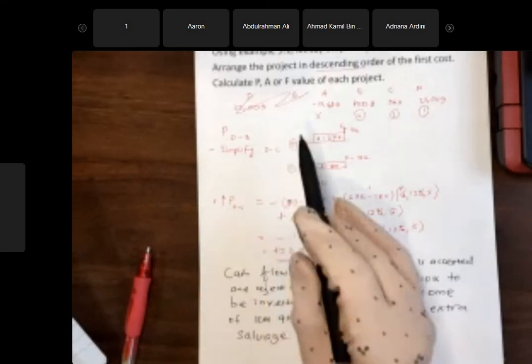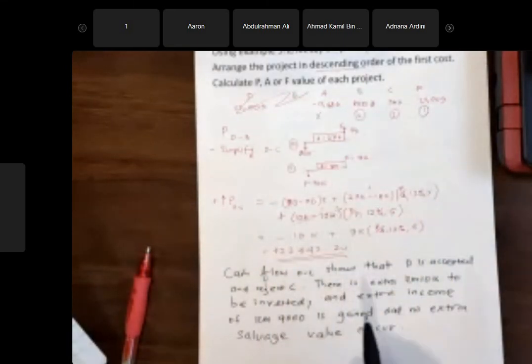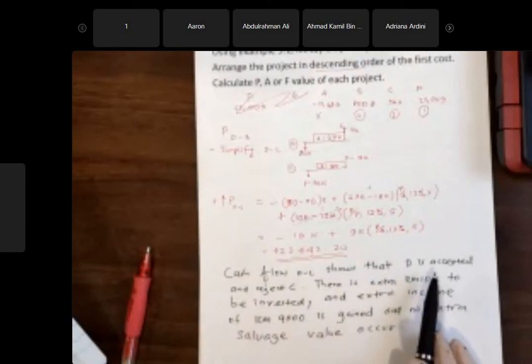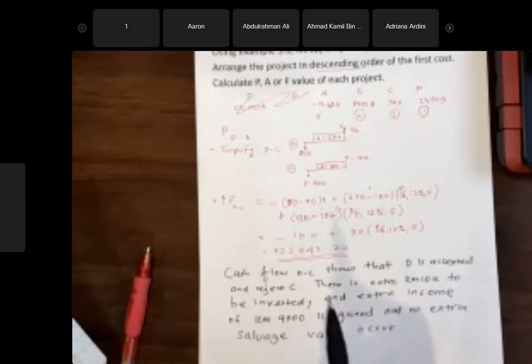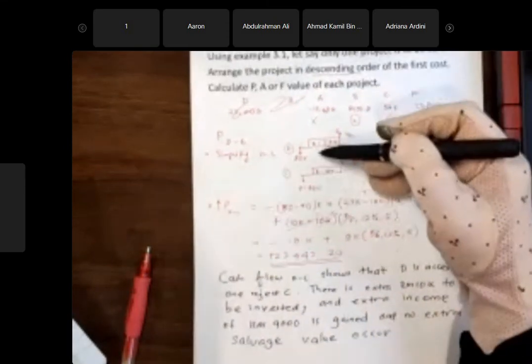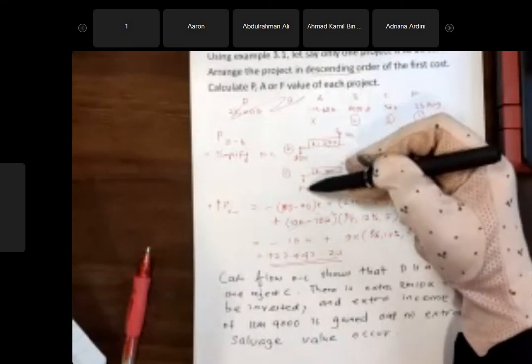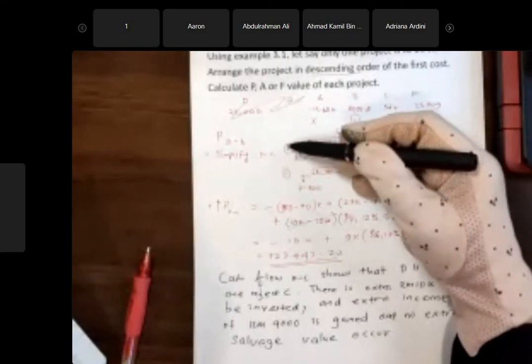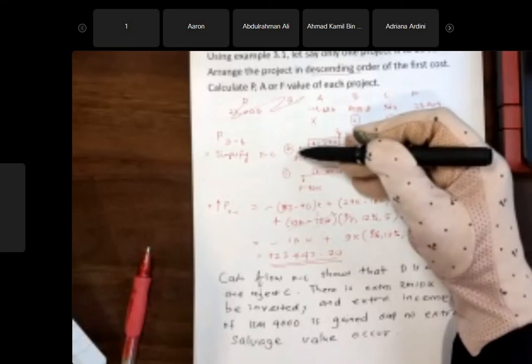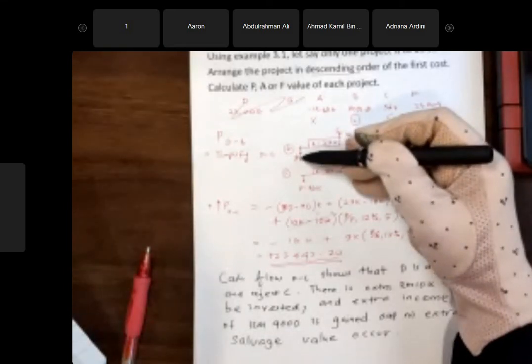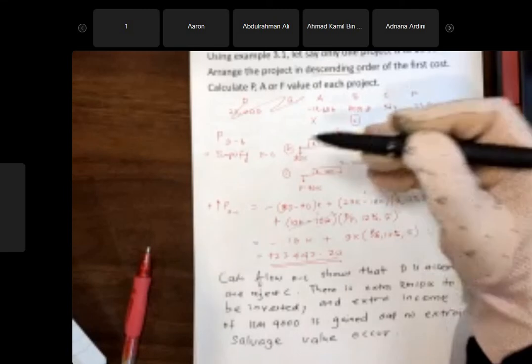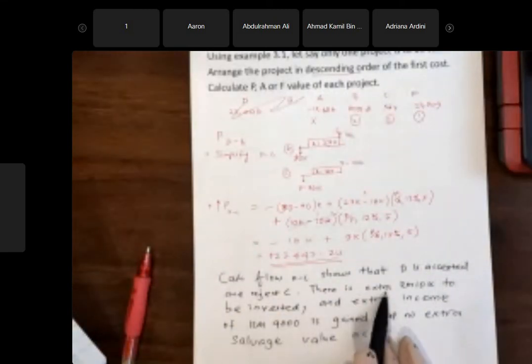That means D is bigger than C. So you just mention D is accepted and reject C. There is extra 10,000 K. How do you get this? 80,000 and 70,000, you can see the difference. D is better because there is more investment, an extra 10,000 to be invested.